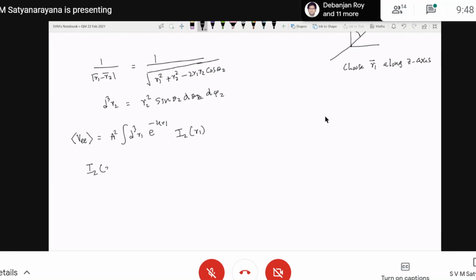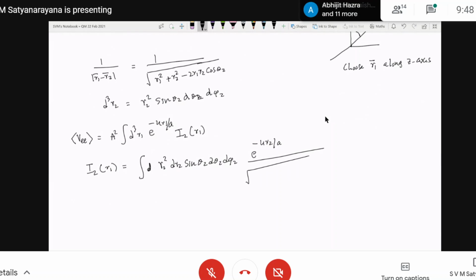I2 of R1 is equal to the integral of R2 squared dR2 sin theta 2 d theta 2 d phi 2 into e to the minus 4R2 divided by a, divided by square root of R1 squared plus R2 squared minus 2 R1 R2 cos theta.